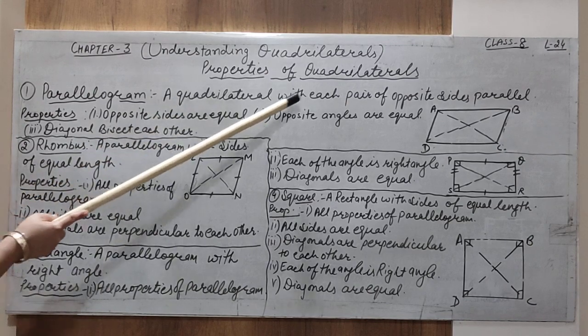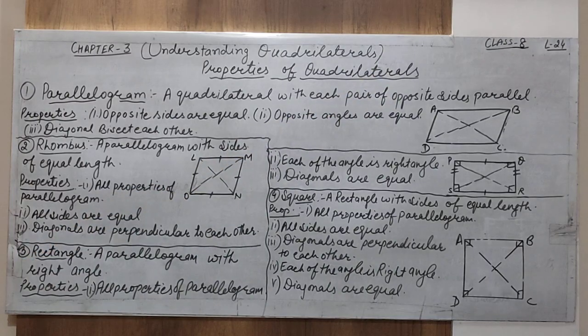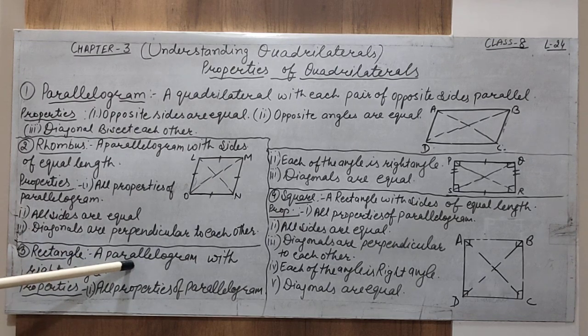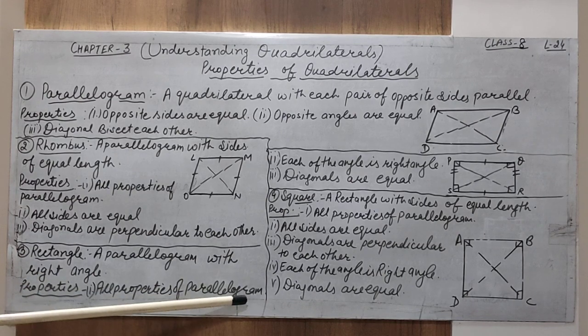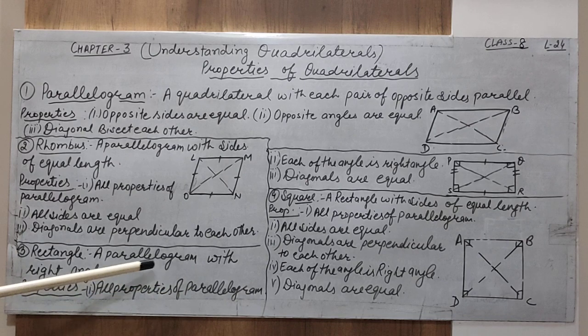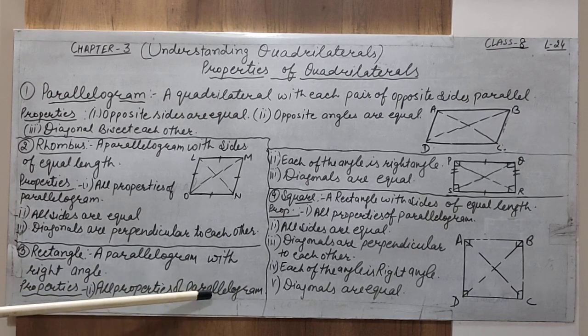So a quadrilateral with each pair of opposite sides parallel, that property is already used in the rectangle. So a parallelogram with right angles has one more property attached: all angles are 90 degrees. The properties of the rectangle are, first of all, the properties of the parallelogram, as it is also a parallelogram, because in a parallelogram opposite sides are equal and parallel.